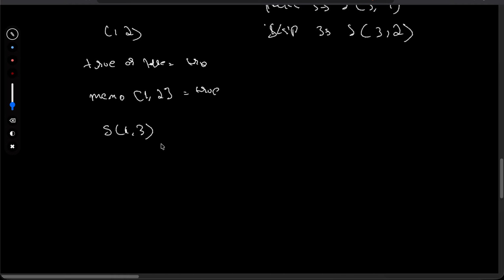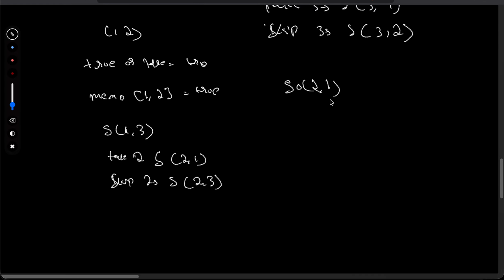Not in memo, so we compare. If we take 2, solve of 2, 1. If we skip 2, it's solve of 2, 3. So we come back to solve of 2, 1. In the key we store it like this, 2 and 1.